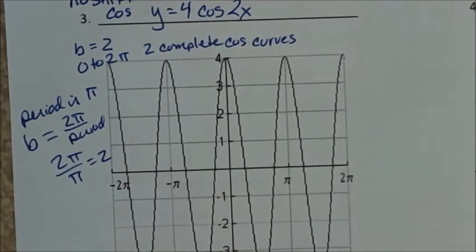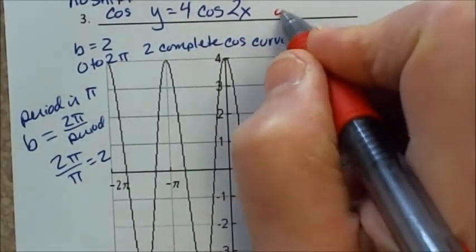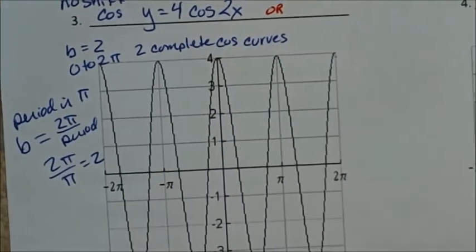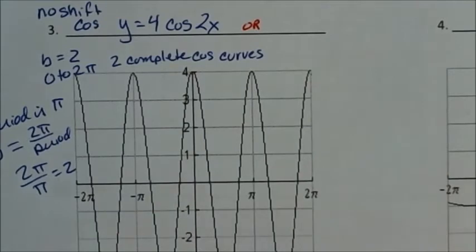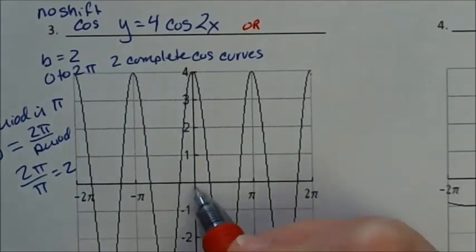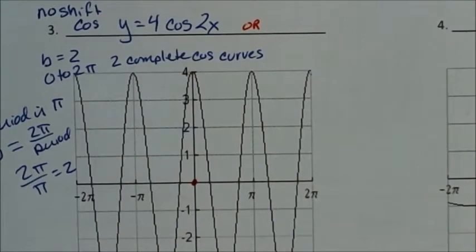Now, as a sine curve, okay, sine would start at 0, 0. Instead of starting here at 0, 0, now I have a choice here.